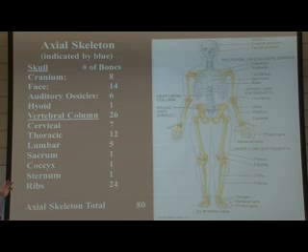And so we're going to look at cervical vertebrae, thoracic vertebrae, lumbar vertebrae, which are all very segmentally organized into individual vertebrae, so that we have 7 cervical vertebrae that make up our neck that have to interact together so that we have flexibility to our neck. We have 12 thoracic vertebrae and 5 lumbar vertebrae.